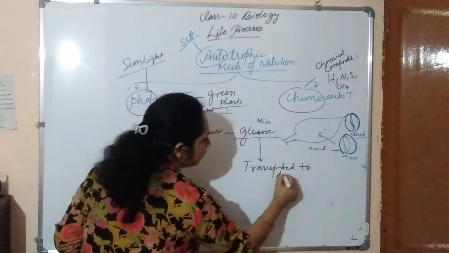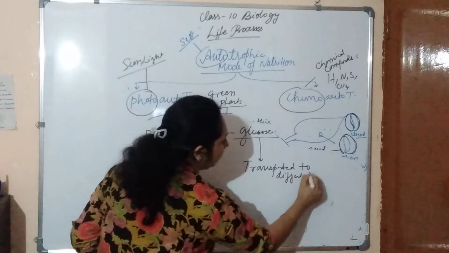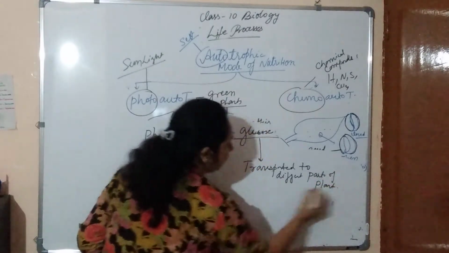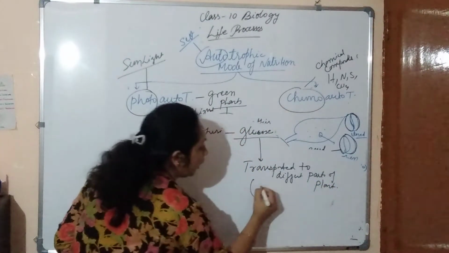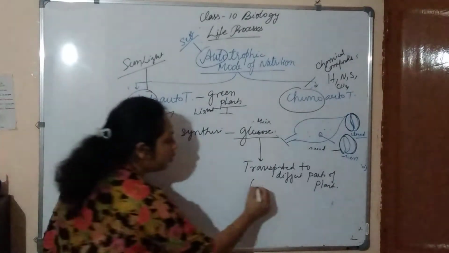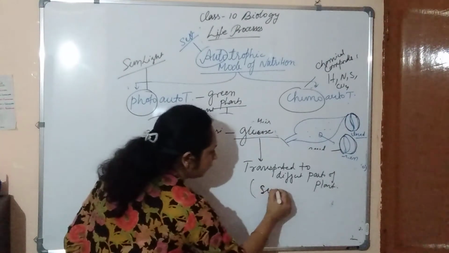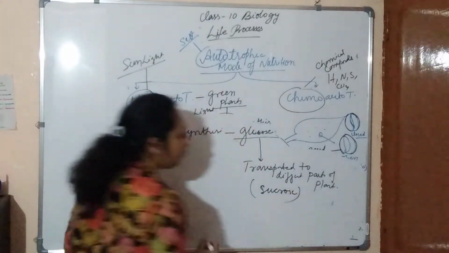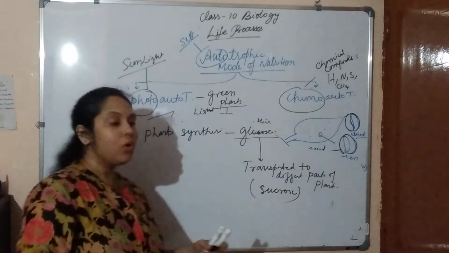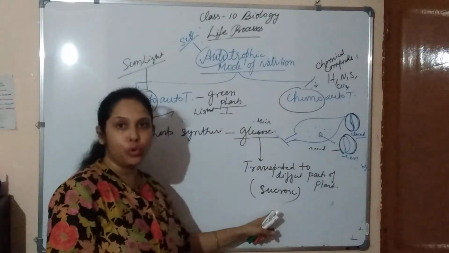Glucose is converted into sucrose. So plants basically synthesize glucose, but they transport this glucose in the form of sucrose.